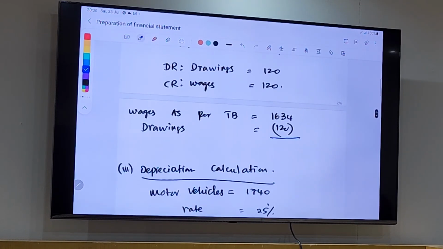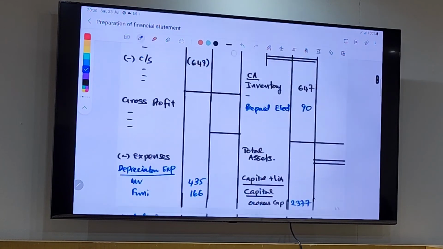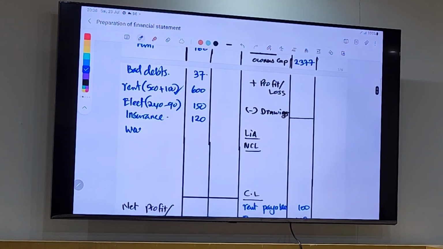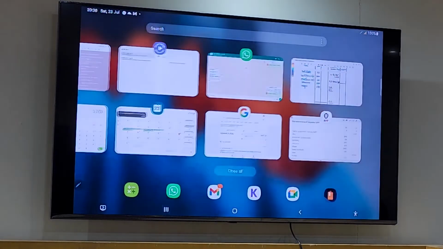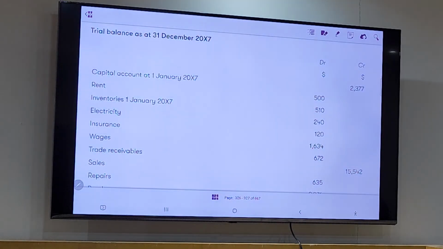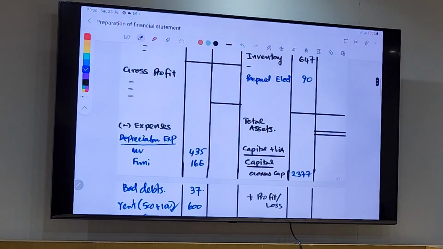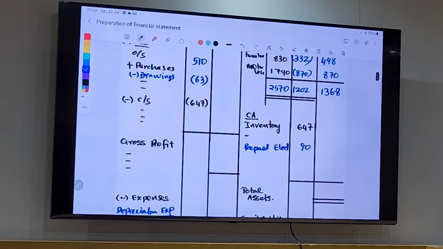Can you find out the answer, please? So wages 1320. Sorry, wages 1514. So we take wages here. Next item, after wages, trade receivables. See here, I told you to leave one space.